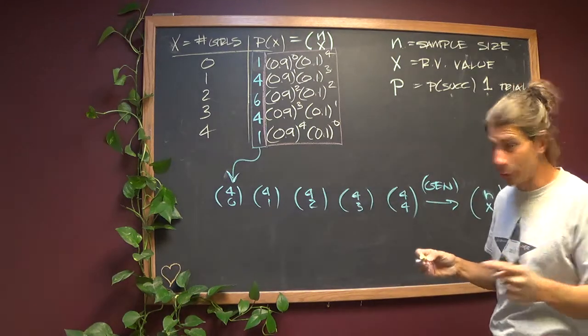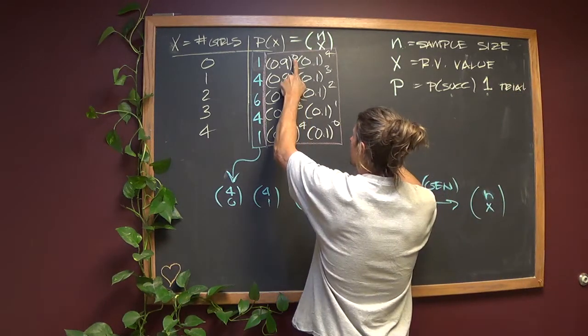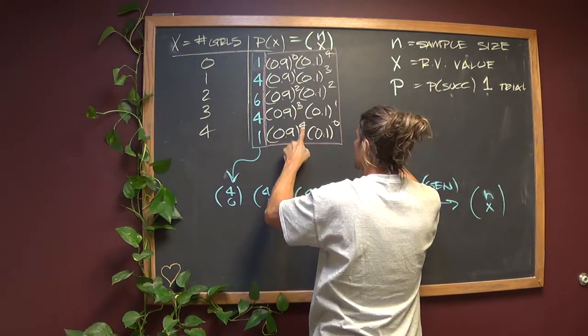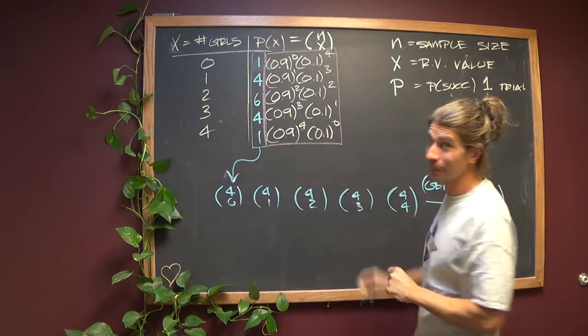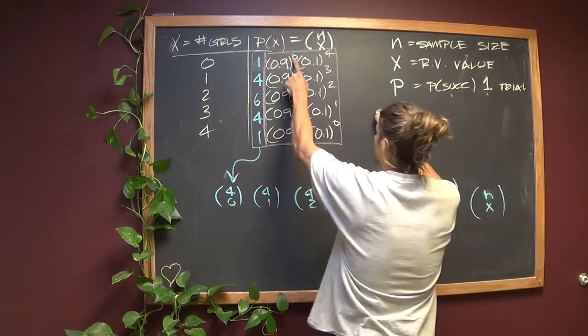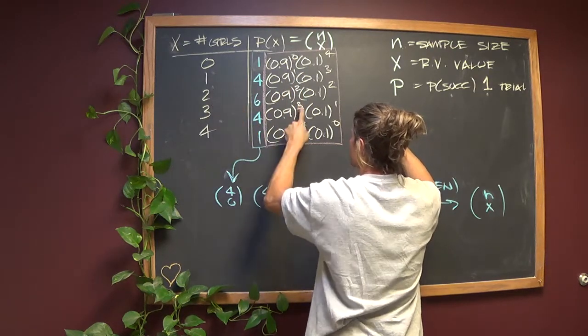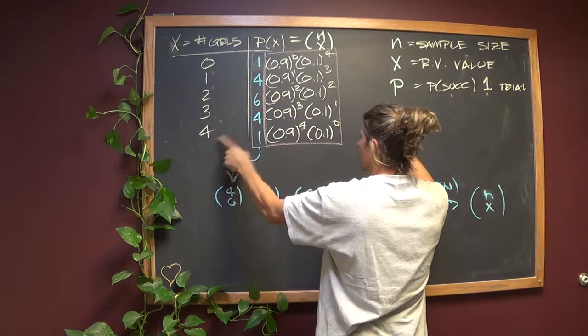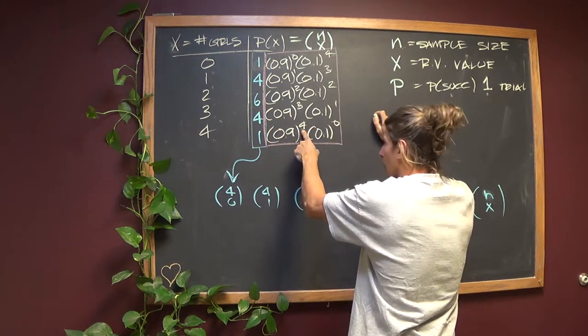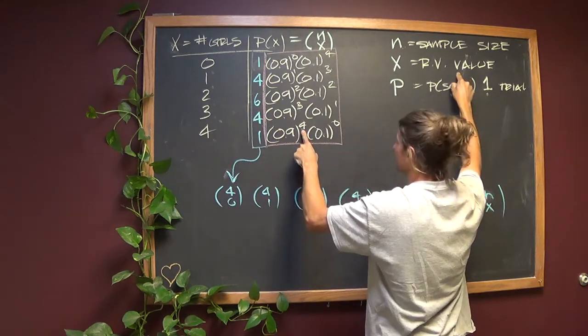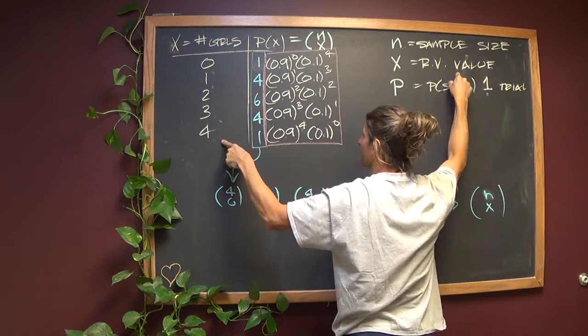Now the question I have for you is, do you see a pattern between these exponents and this variable over here? And hopefully you do. This one matches that one, this one matches that one, and so on down the column. So it looks to me like that number right there is x, because x is what's in this column.